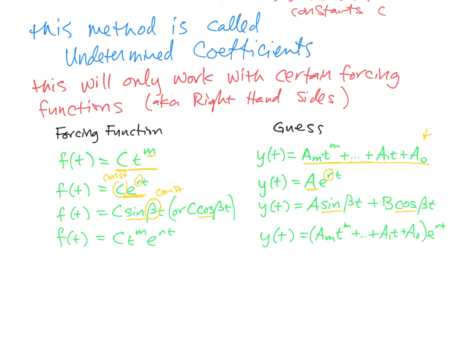Same guess whether your right-hand side is a sine or a cosine. And then the last one is a combination of a power of t and an exponential. Your guess is just going to be the same thing, a combination of the whole polynomial up to your power m times an e to the rt. And we'll see some examples of how they work out.